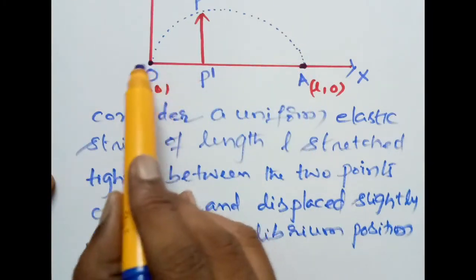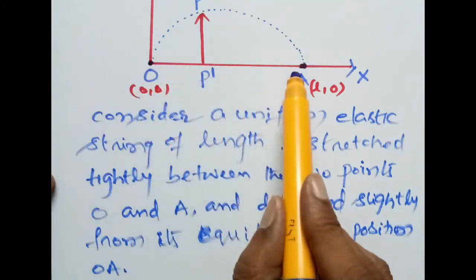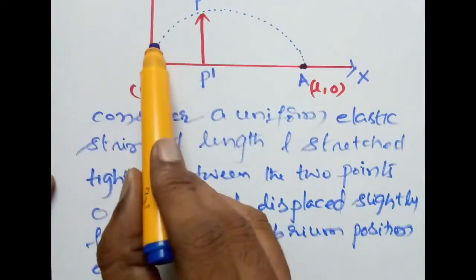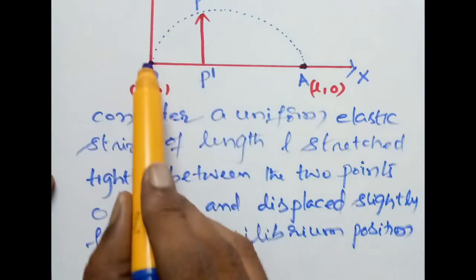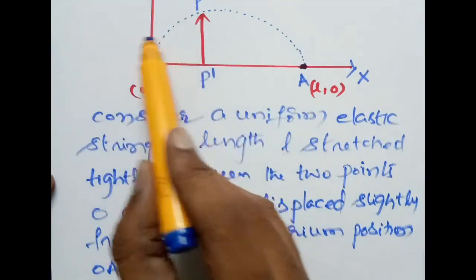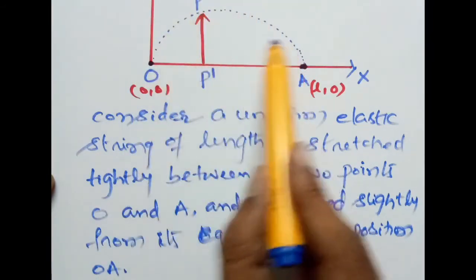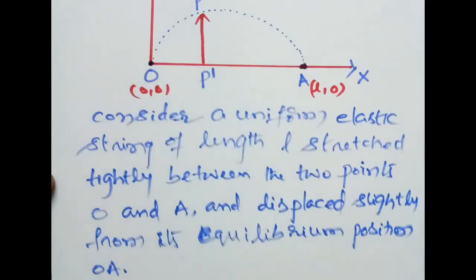Now taking the point O as origin and OA as the x-axis, draw the line perpendicular to OA and consider this axis as the y-axis. Then the displacement y is a function of the distance x and the time t.